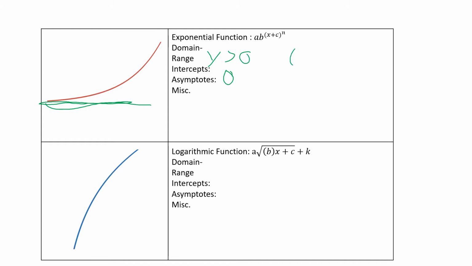And because it never touches 0, it comes dangerously close. 0 to infinity. The asymptote does not affect the domain, so the domain is all real numbers. All right, what about intercepts? By looking at the graph, it intercepts what?